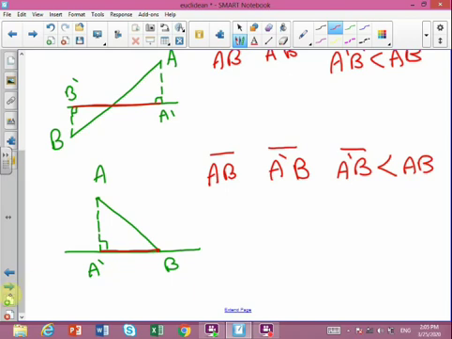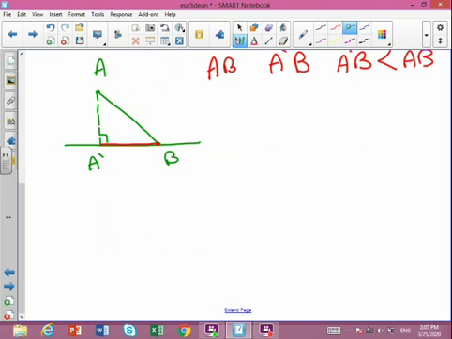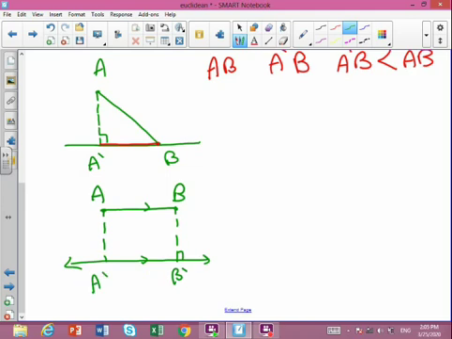What about when the line is parallel? If I draw a parallel line to the given line, AB, and this is a very important case, okay, if AB is parallel to the line and you go down perpendicular, here B dash and here A dash, the original line is AB, the projection A dash B dash. What is the relation?